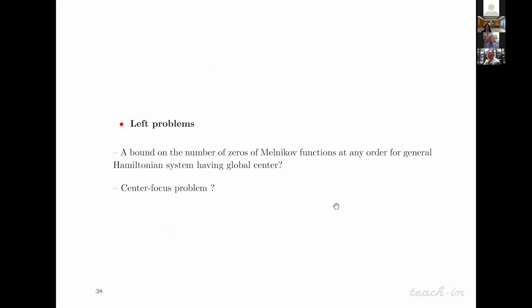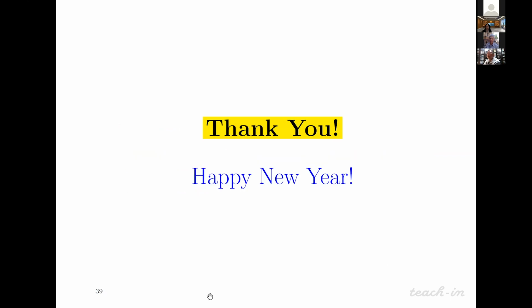We cannot fix the closed orbits, working on one fixed closed orbit. From this, we can solve some of the center-focus problem. We don't know the rest; that's the remaining problem. Thank you very much, and Happy New Year to all of you. Thank you.